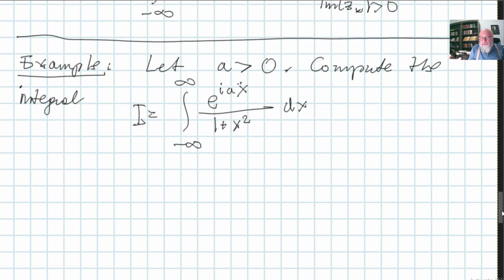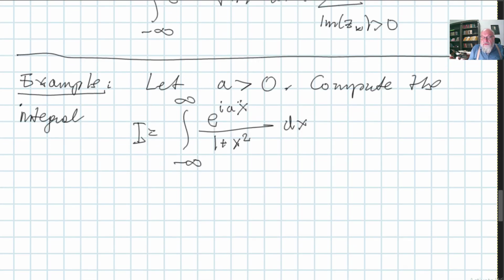So one can easily notice that the conditions that we require, A, B, C, are satisfied, and here we can write the answer.